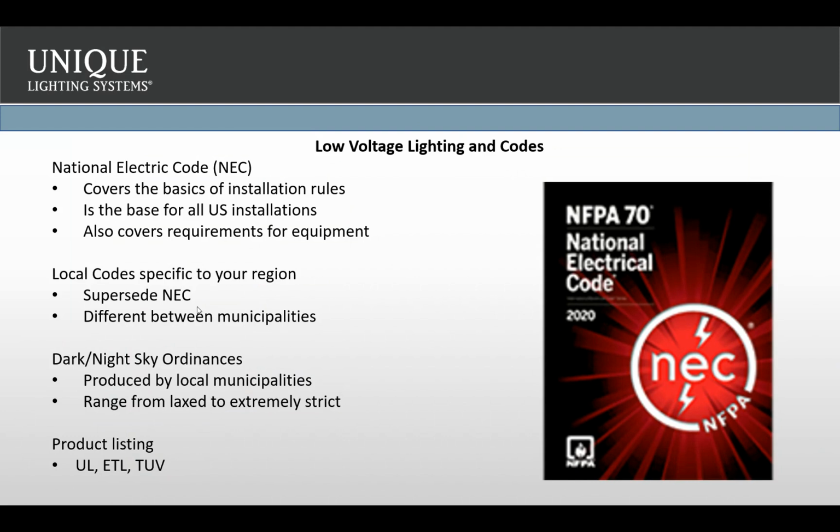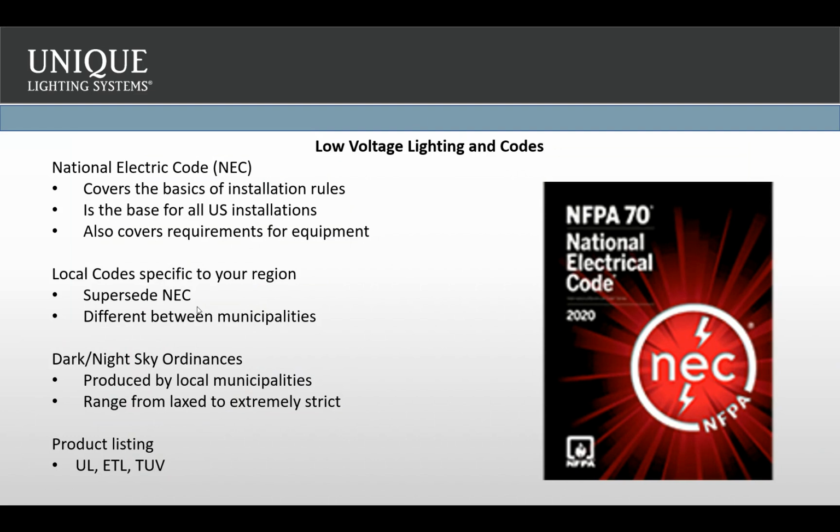There's not very much in the National Electric Code that is specific for low voltage lighting. In fact, I think there's only really 2 pages in here. But it basically covers the basics of the installation rules, and then it's also the requirements for the equipment. So manufacturers like us, we've got to follow a lot of these National Electric Codes when we're building our fixtures or transformers and things like that.